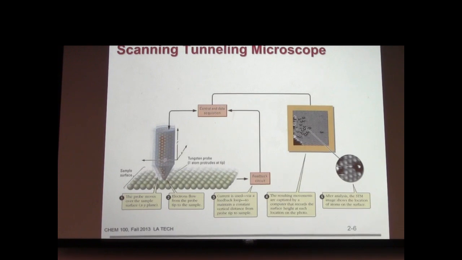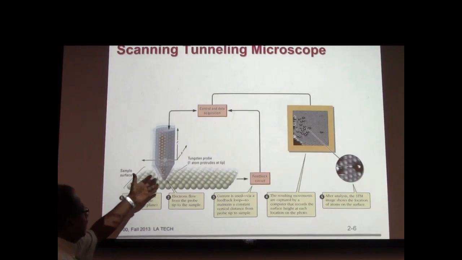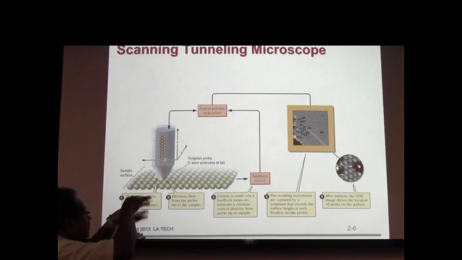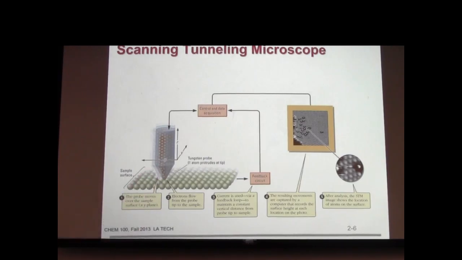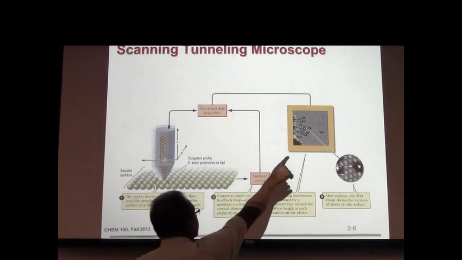The atomic force microscope is the same thing, but there's no current. Very sensitive cantilever. As it comes close to the surface, it will be repelled by the atomic forces of the surface.